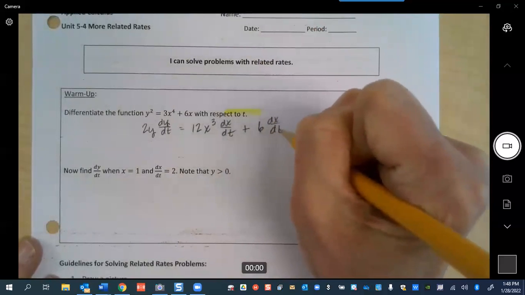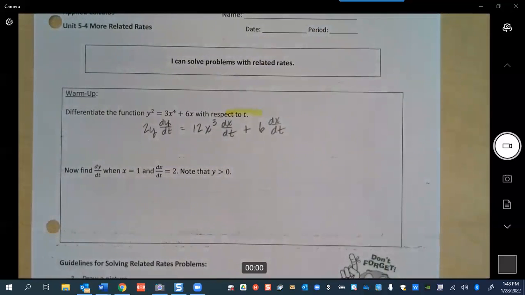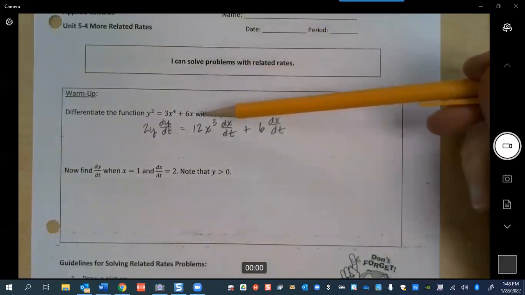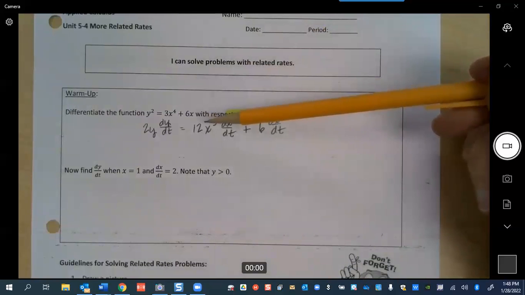dx/dt. So what we've been able to do is talk about how this equation talks about the relationship between the rates of change. The original equation talks about the relationship between my x's and my y's as a position.